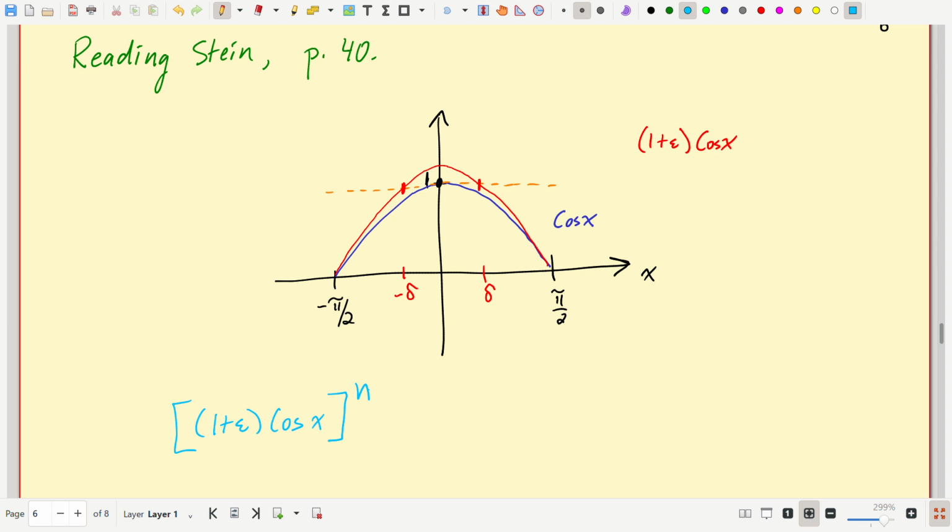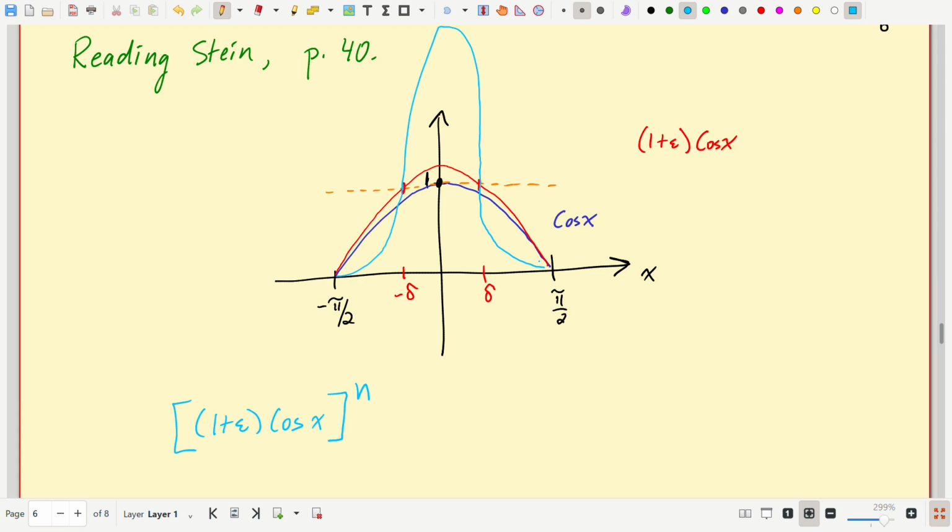That would make it really small here, and it's 1 at this spot. And then it would get gigantic, because that's bigger than 1 and I'm taking gigantic powers. So here it gets small. And that's a bump function.